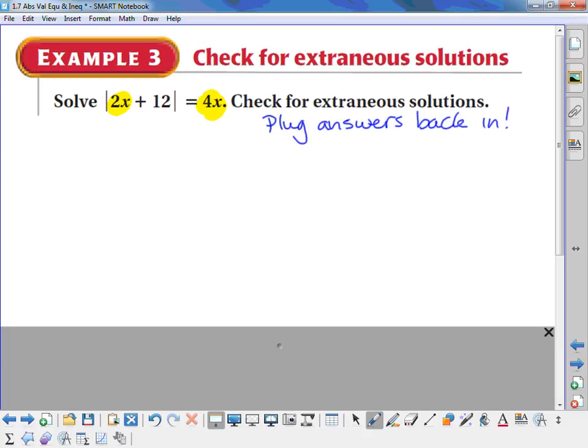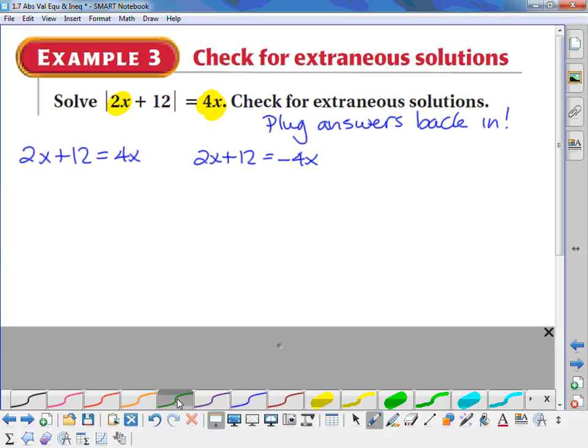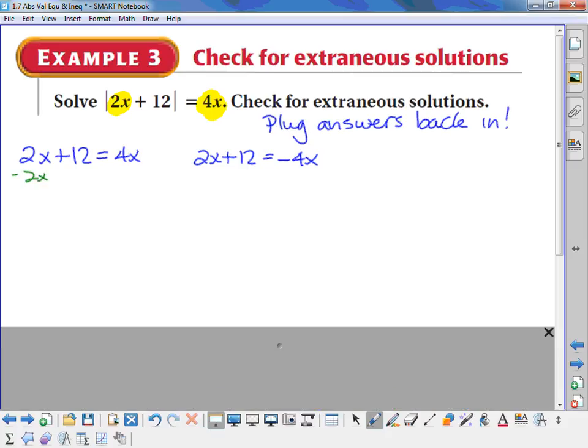Okay. So again, I'm going to write my positive and negative case. So 2x plus 12 equals a positive 4x, and 2x plus 12 equals a negative 4x. So here I'm going to subtract the 2x. Second one.